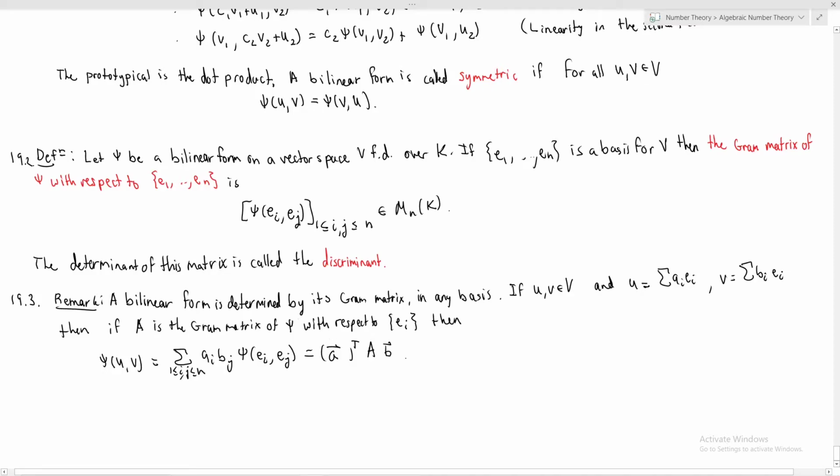Okay. And so why do we care about this discriminant concept? It turns out there's something called non-degeneracy. So definition, I guess there's a couple ways you can do this. I'm just going to define it as follows. Definition.